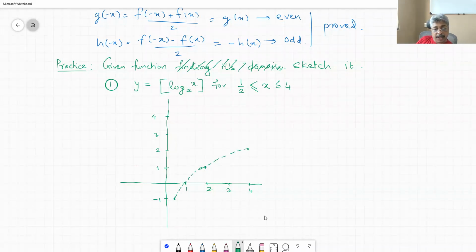Okay. Then our standard procedure. If you have the graph in place, you draw horizontal lines at integer points on the y-axis. You darken the intersections.